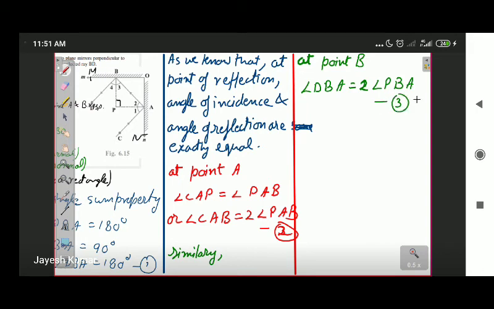This is equation number 3. Now we are going to use equation number 2, equation number 3 and equation number 1.